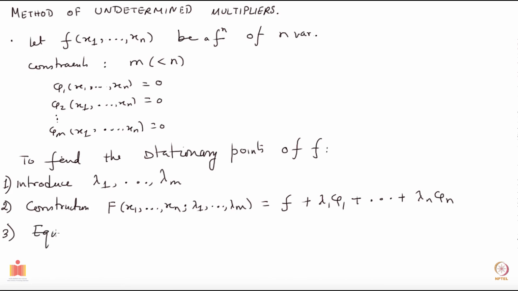Equate the partial derivatives of F to 0, and these derivatives have to be evaluated for all the variables in the problem. So you calculate delta F over delta x1 and equate it to 0.